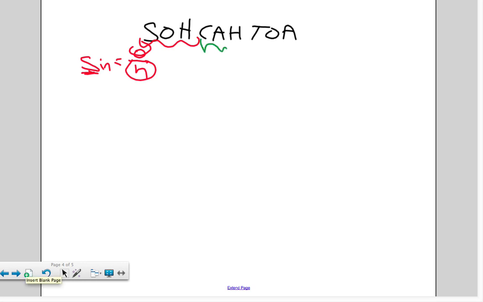CAH: cos is adjacent over hypotenuse. Right? So that's where the CAH comes from. And finally the TOA is tangent is opposite over adjacent. Okay? So that's how you can remember all three trigonometry functions and the relationship between the sides, the ratios.